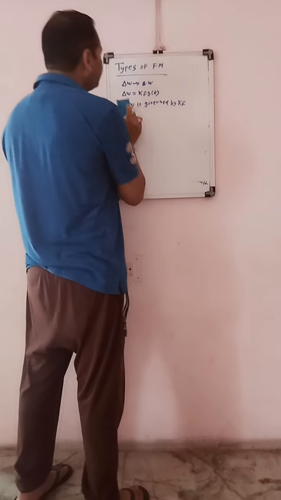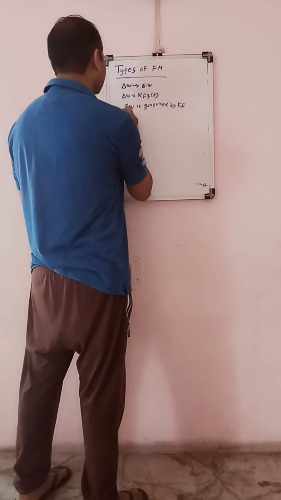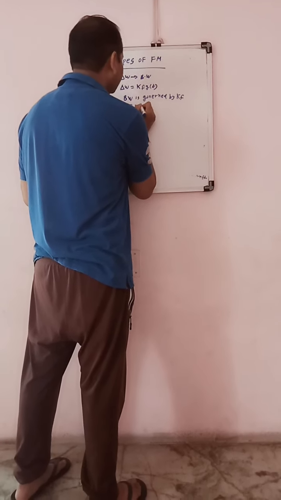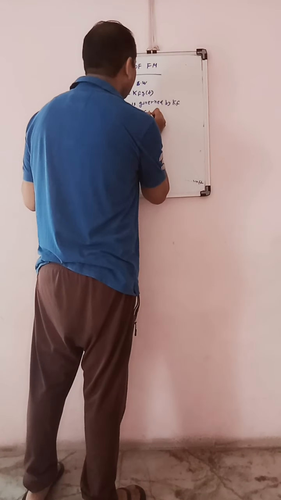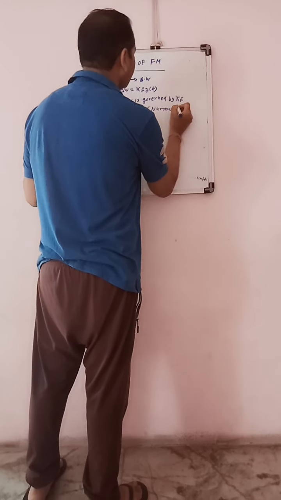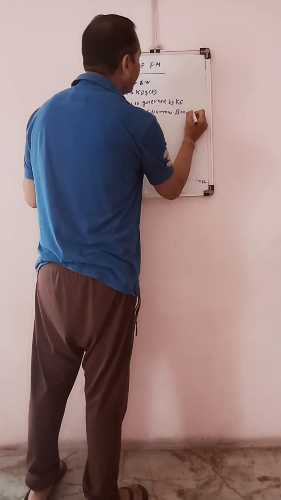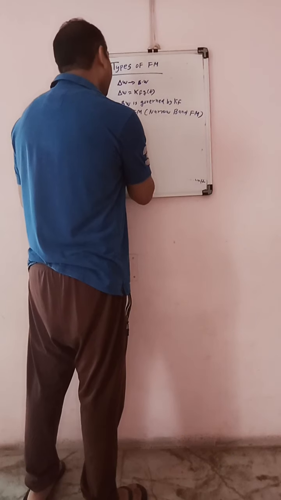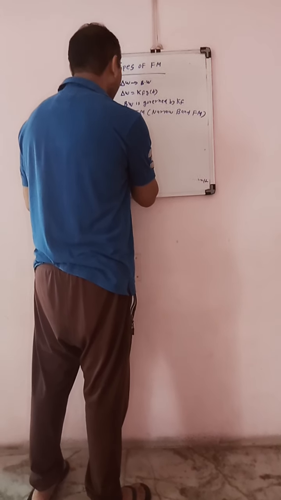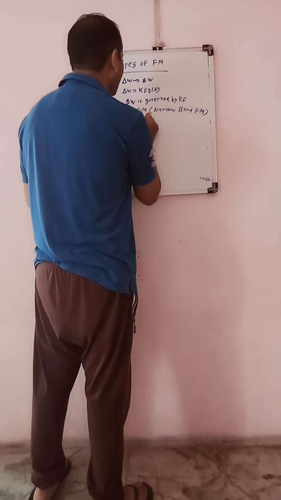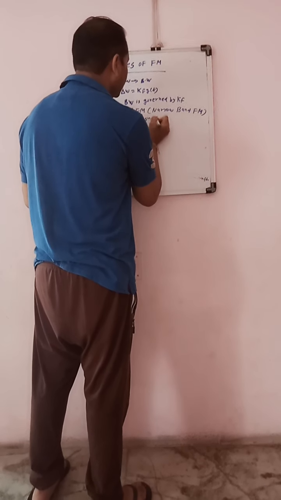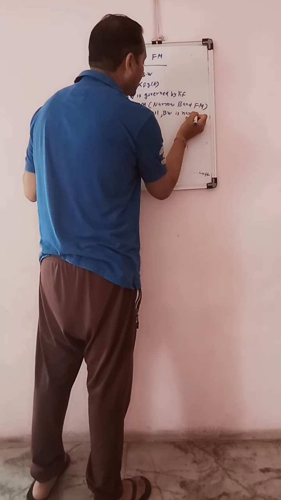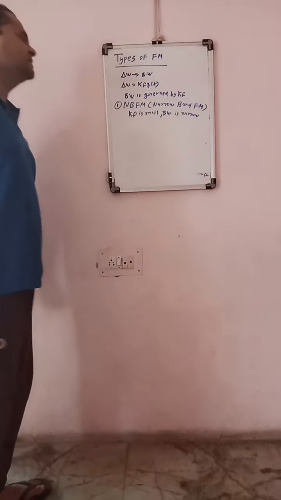So accordingly, there are two types of FM. First of all is narrowband FM, that is NBFM, narrowband FM. How? Here kf is small, so the bandwidth is narrow, and accordingly it is known as narrowband FM.